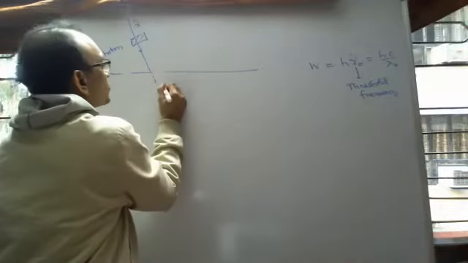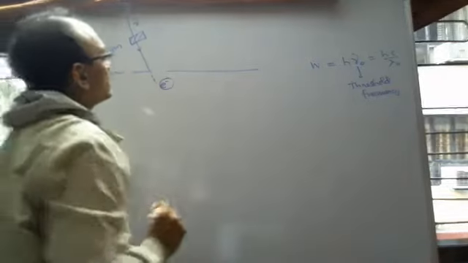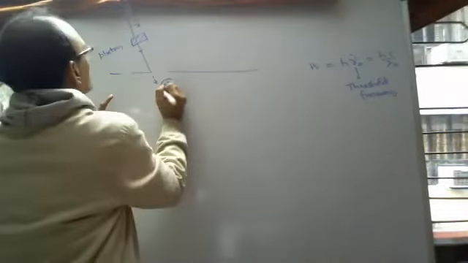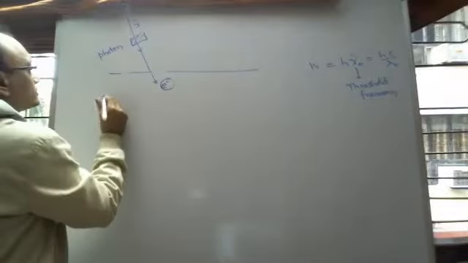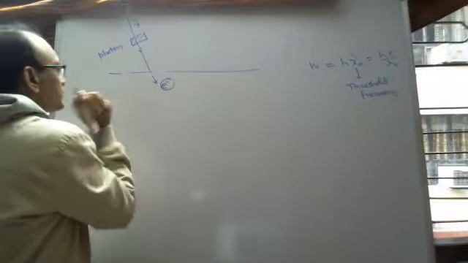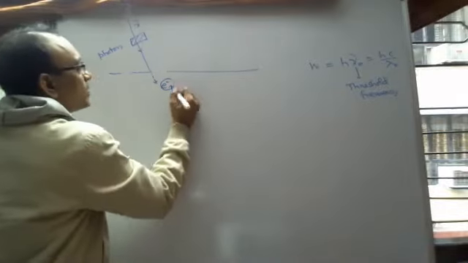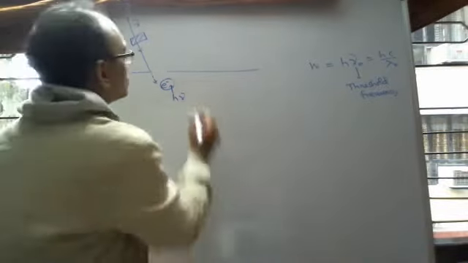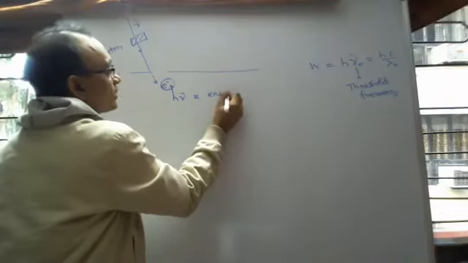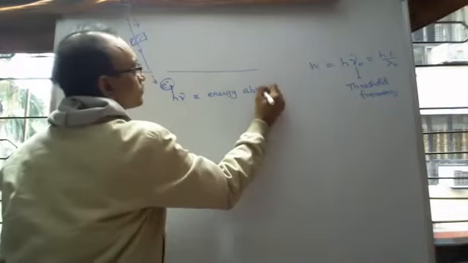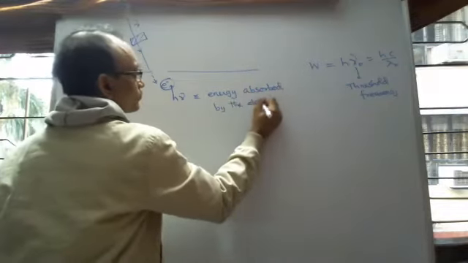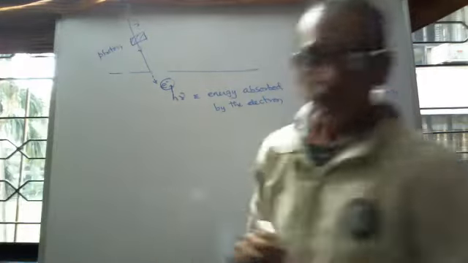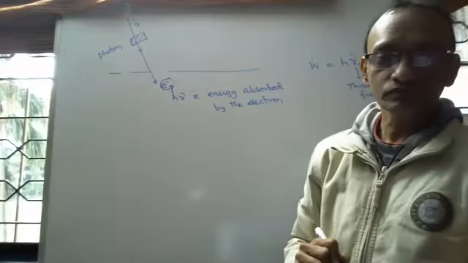This electron absorbed it, the electron absorbed this energy. Now, after absorbing this, how much energy has it absorbed? H nu. H nu is the energy absorbed by the electron.